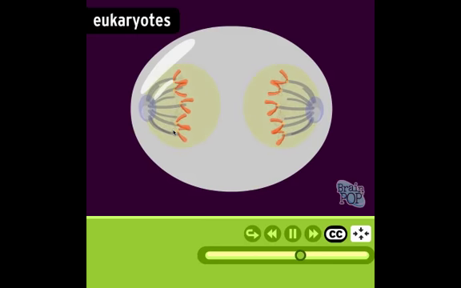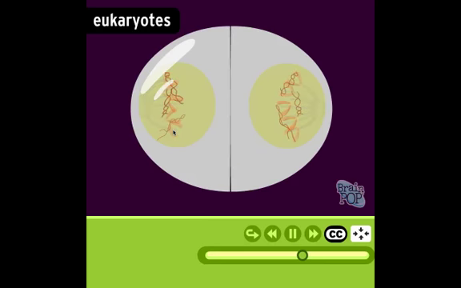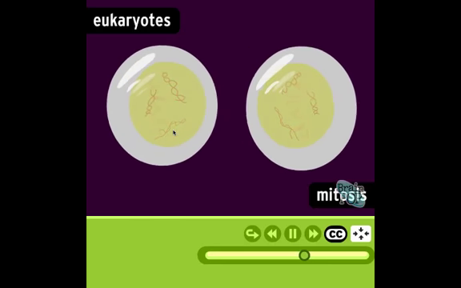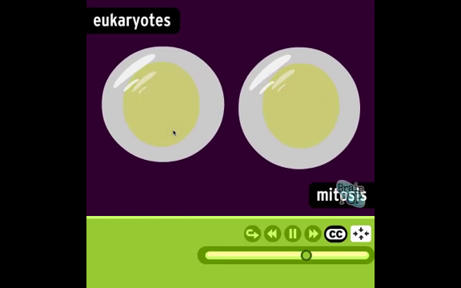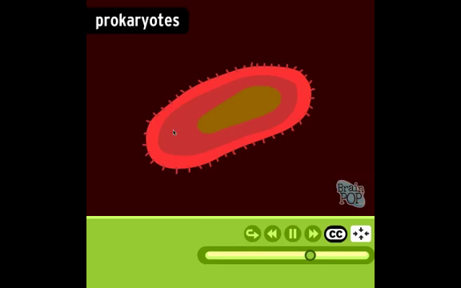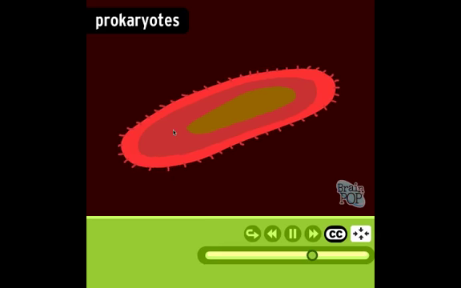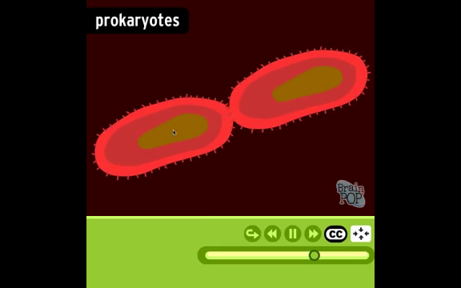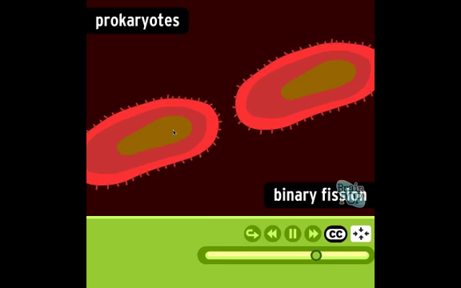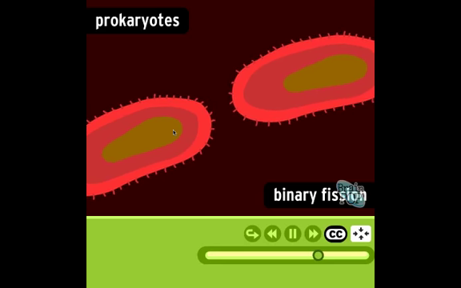In eukaryotes, organisms with nuclei in their cells, the chromosomes replicate through mitosis. That's the process of cell division that goes on all the time in your body. In most prokaryotes, organisms without nuclei, the chromosomes replicate through a similar process called binary fission. Bacteria are prokaryotes that reproduce this way.